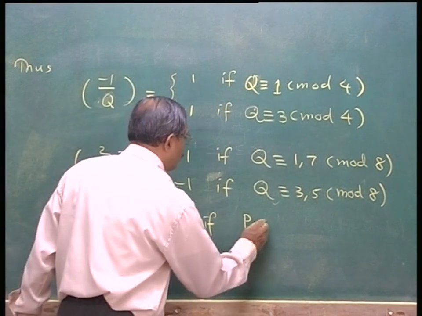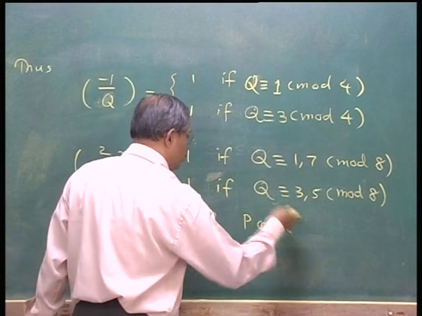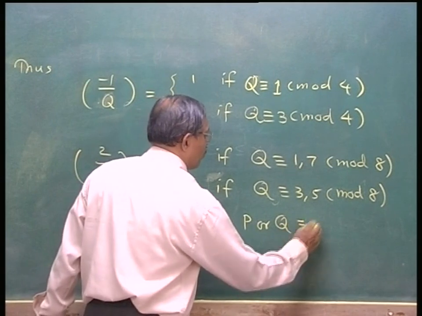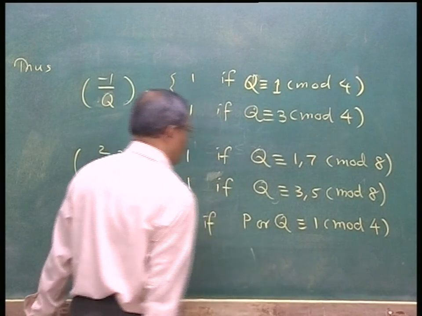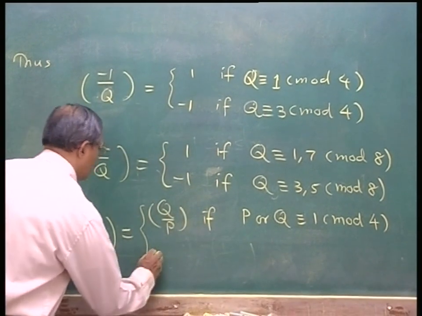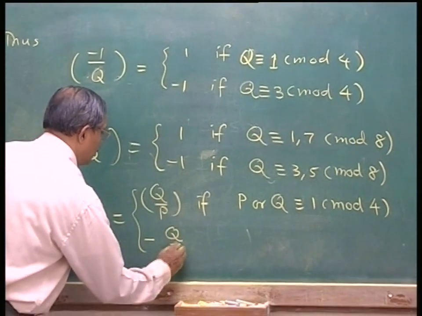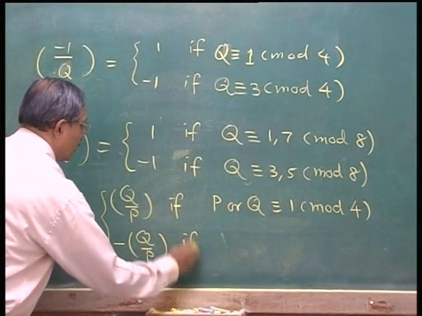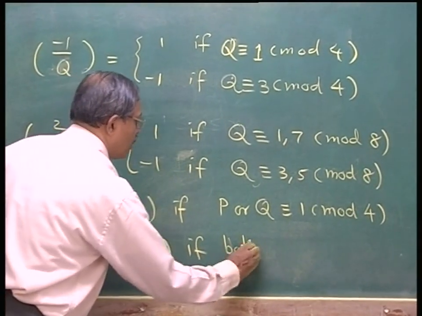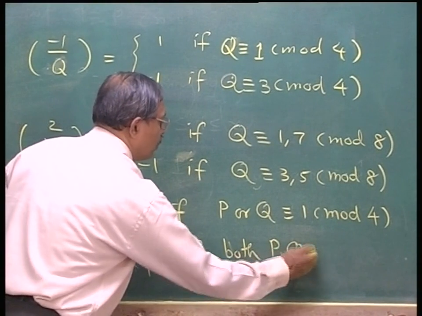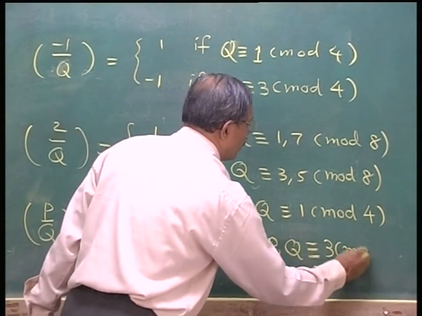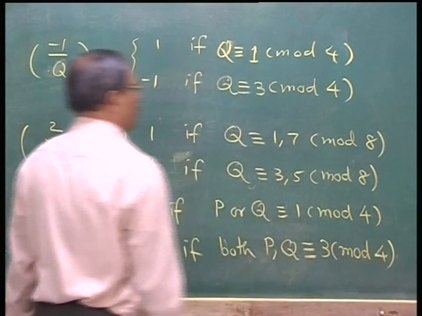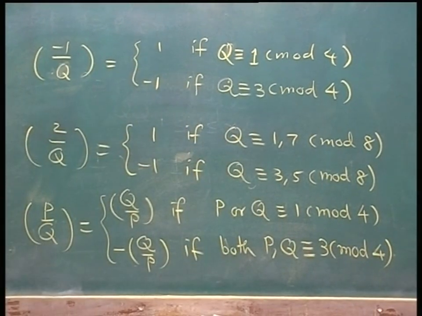If P or Q, meaning both can also be congruent to 1 mod 4. And P by Q is equal to minus Q by P if both P and Q are congruent to 3 mod 4. This way we can avoid calculation.